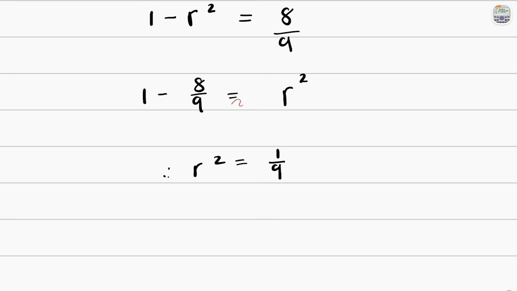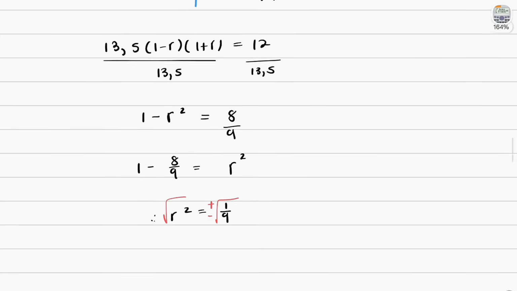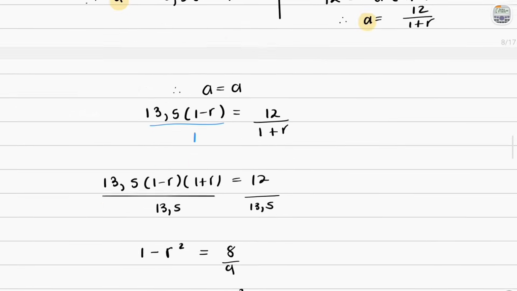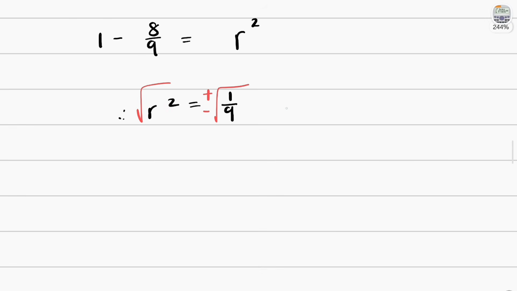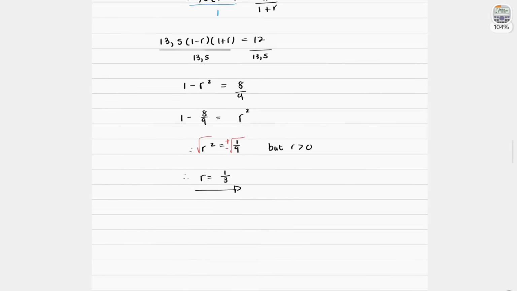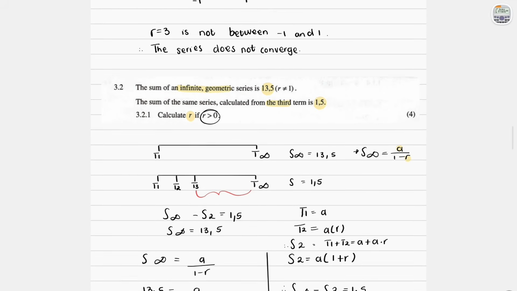So square root both hand sides of the equation, but of course, we'll have to consider the positive or negative solution. But remember that they said specifically r is greater than 0. So we can also just tell them that. Therefore, r is equal to, and we'll take the positive solution, which is 1 over 3. And that is our answer. Okay, and that is the answer to this question.